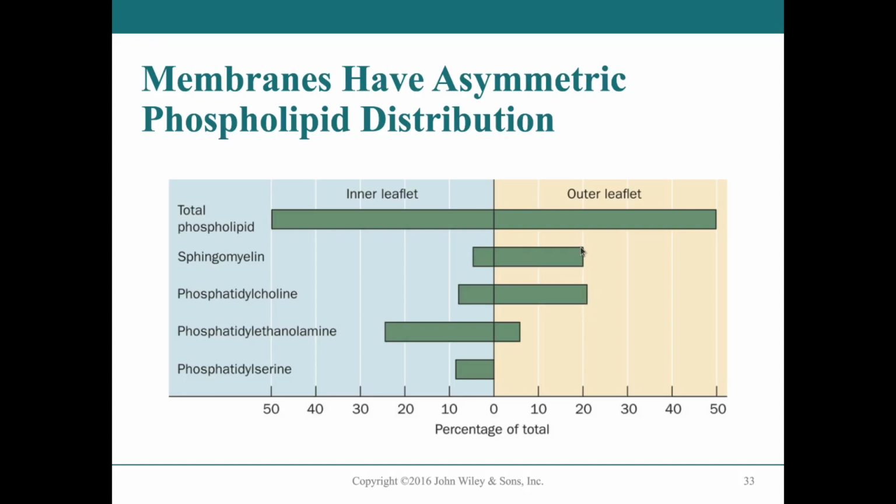And there is an observed asymmetry in the type of phospholipids found in the inner versus the outer leaflet. So here it is in terms of percentages. Sphingomyelins and phosphatidylcholine are usually found in the outer leaflet, whereas you have phosphatidylethanolamine mostly on the inner one, and phosphatidylserine is almost always on the inner side of your membrane.